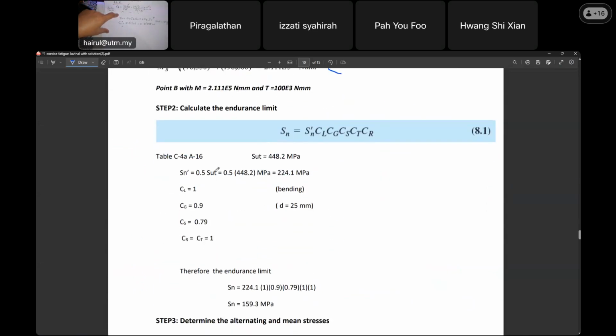It was calculated earlier: Sn prime is 224.1. Cl is 1. Why is Cl 1? Because Cl is the load factor, and this is bending.